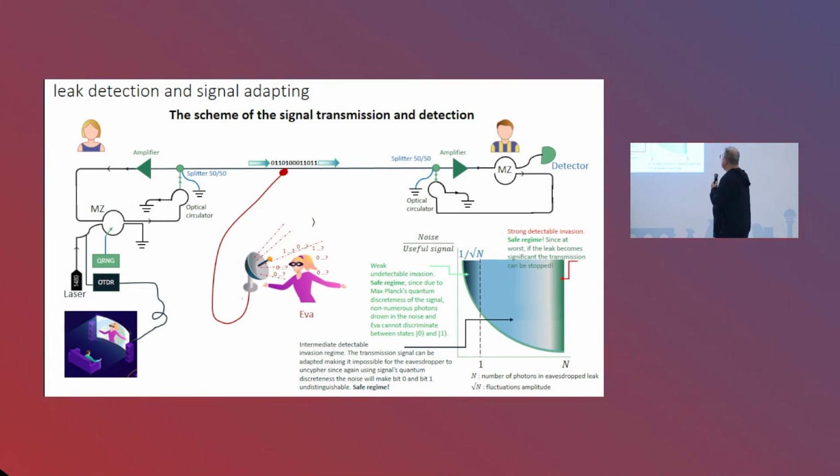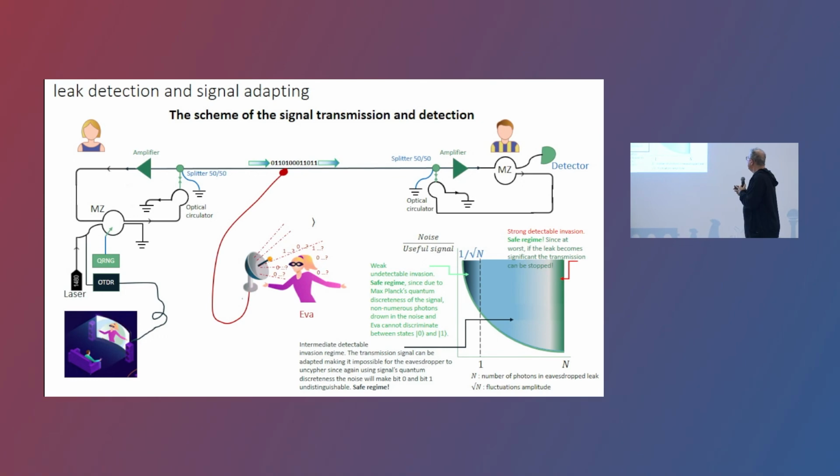When we send a coherent quantum state along the line, we immediately know if someone is trying to interfere, because this is the foundation of quantum mechanics: if we measure the state, then we change the quantum state. So if someone interferes, we immediately know. Then we can adapt our protocol, decreasing the number of photons in the coherent state which we send along the line.